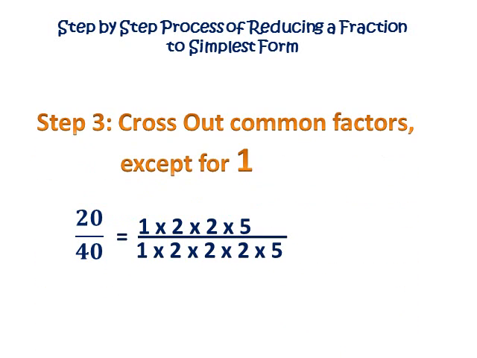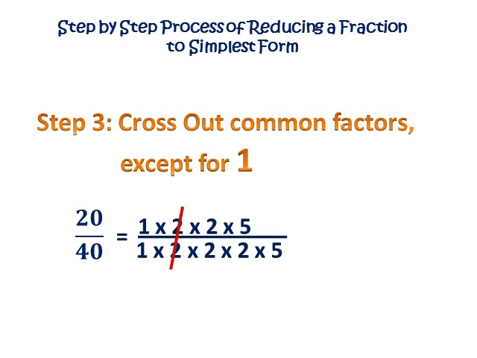So the next step is to cross out all the common factors except for 1. Of course, all numbers have a common factor of 1, but we do not cross that one out. For example, 20 and 40 both have 2, so you cross out one of the 2's for 20 and one of the 2's for 40.